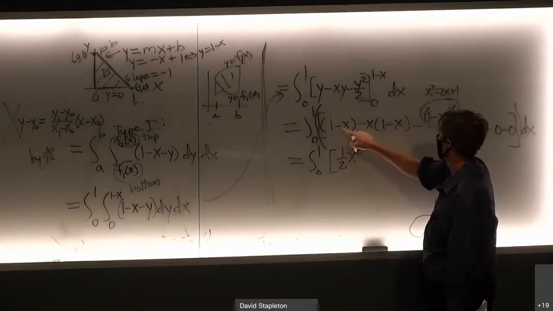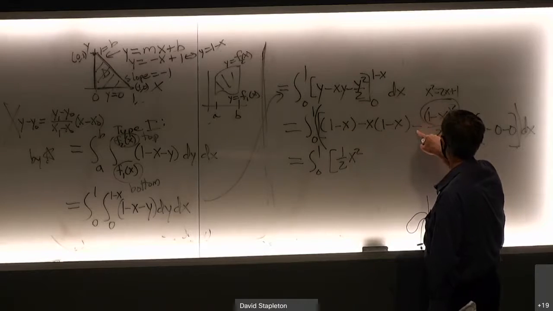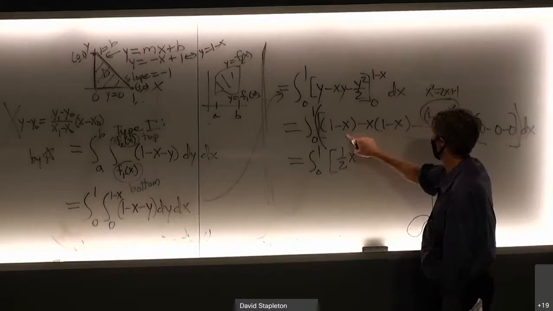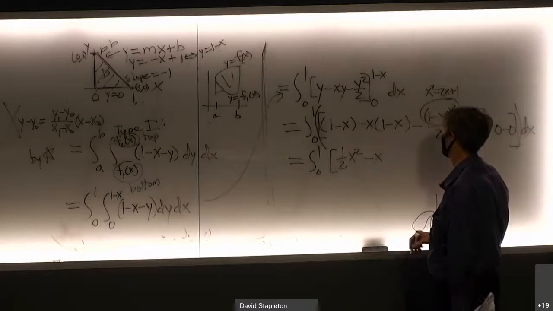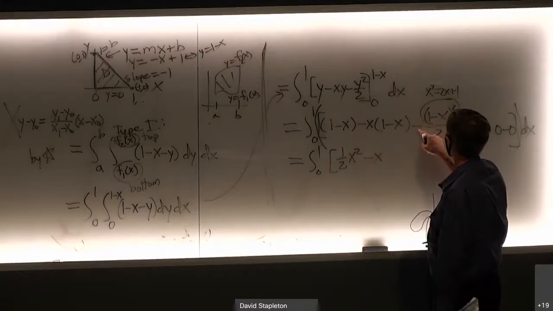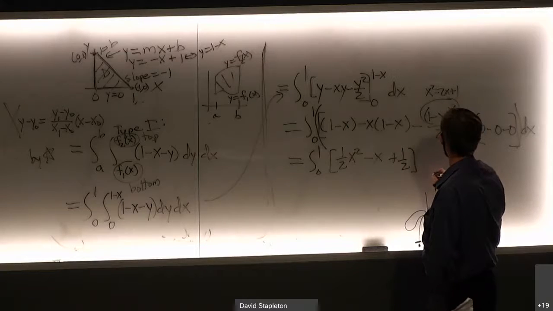Then I've got minus x here, and minus a minus x here, right? 2x over 2 minus minus. So it's plus x here, minus x here, and minus x here makes minus x overall. So minus x plus x leaves minus x. Then the constants, we've got 1 minus 1 over 2, a half is 1 half. So you should wind up with that, and then minus 0.